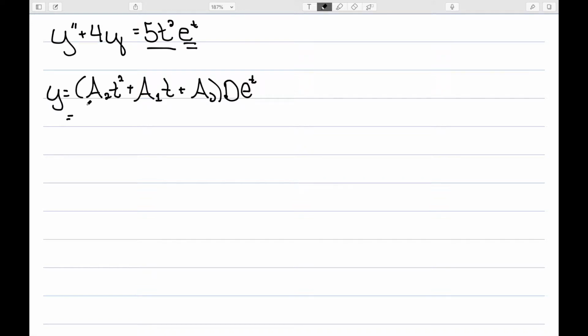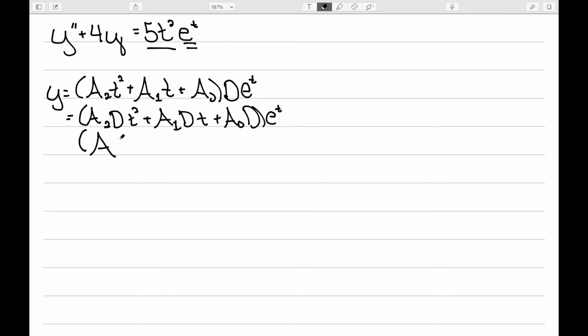I could go ahead and distribute just the d here so that I have a2d t squared plus a1d times t plus a0d times e to the t. And then these both are just constants, and a constant times a constant is just another constant that I'm going to call a.